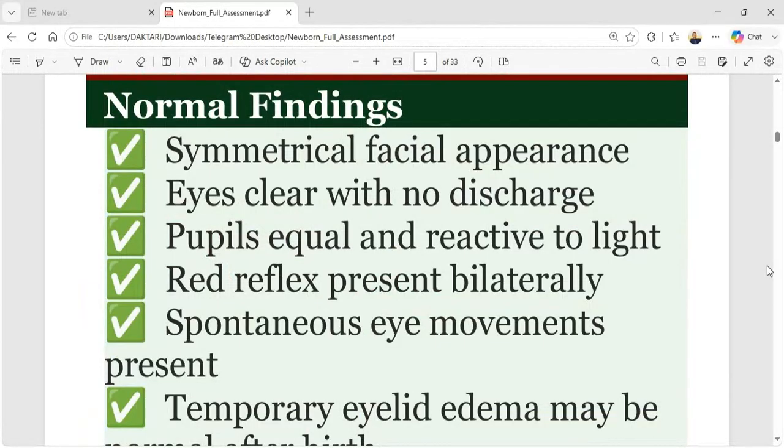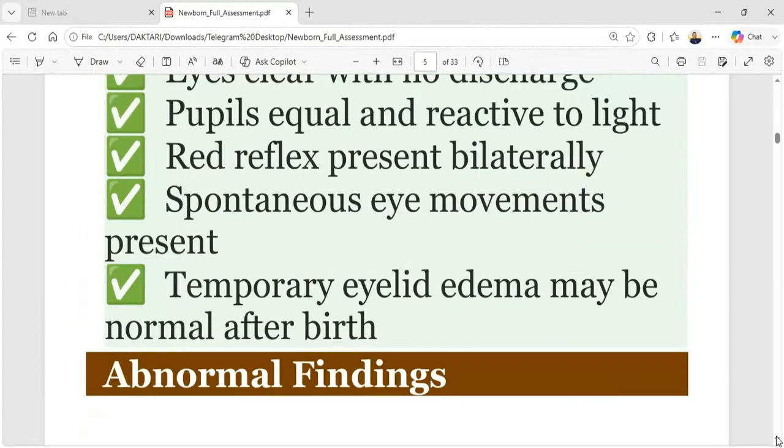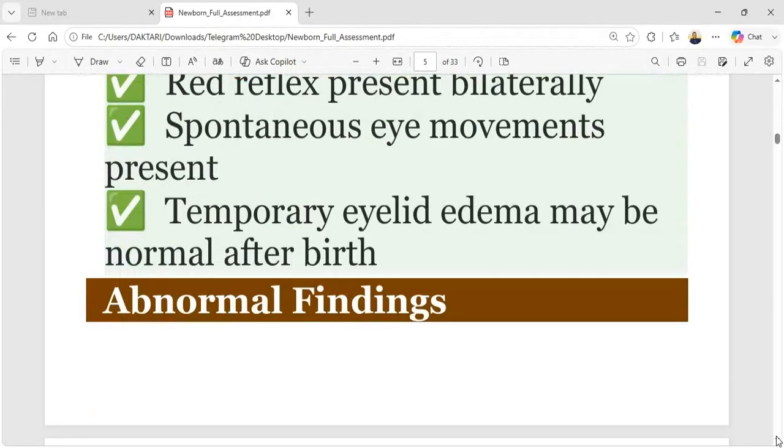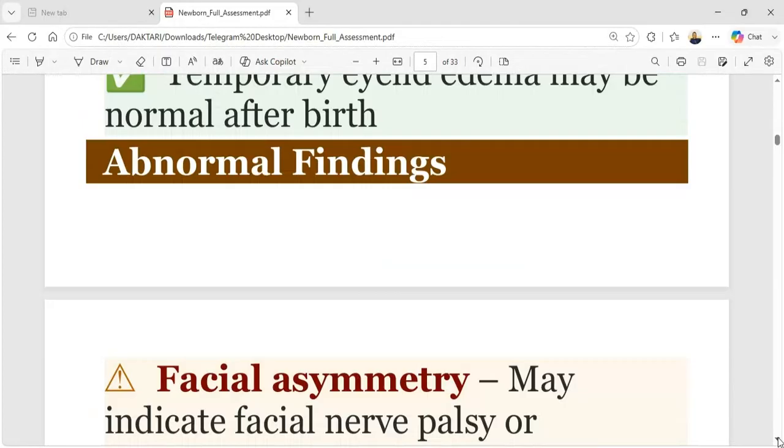Those are just English, so you can get to know them directly. Temporary eyelid edema may be normal after birth. If you see swelling on the eyelid, that can be normal, due to fluid accumulation. Although it can also be pathological, sometimes it's normal.